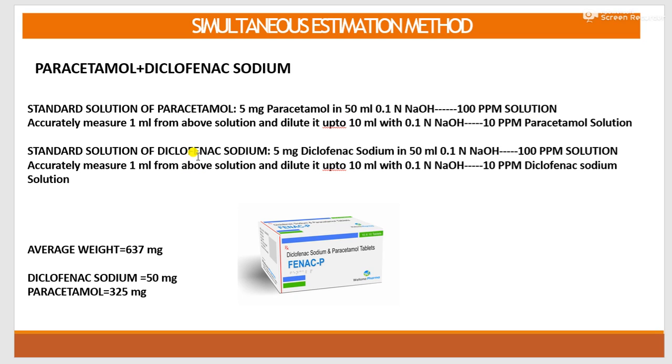In a similar way, the diclofenac sodium solution is prepared by dissolving 5 mg of diclofenac sodium in 50 ml of 0.1 normal NaOH to get a 100 ppm solution containing diclofenac. From that, 1 ml solution is taken and diluted up to 10 ml to get a 10 ppm diclofenac sodium solution.